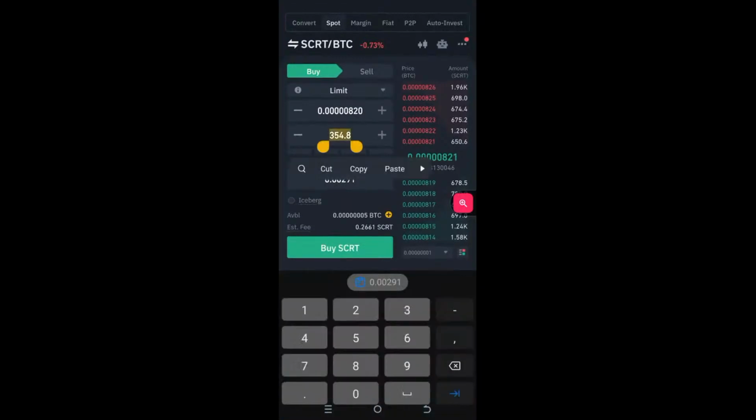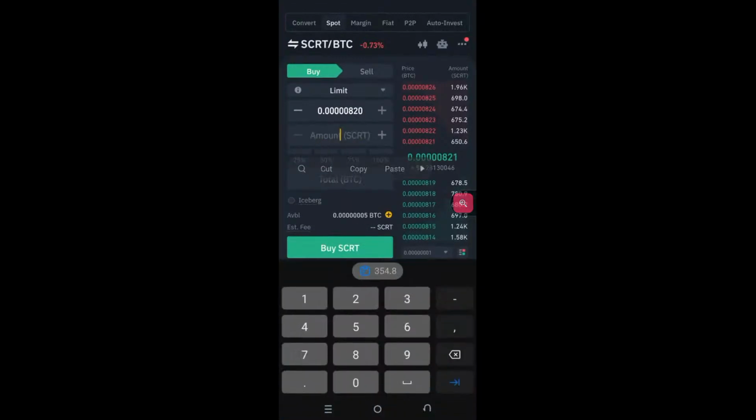Now, since we know that we can make money with it, what is the next thing we need to do? We need to check the networks, whether they are the same, right? Because if not, it's just going to hang, right? And we must check the transfer fees. Please don't forget that. Transfer fees. Oh, look at it. It's gone up now, but no problem. Let's see how it goes.